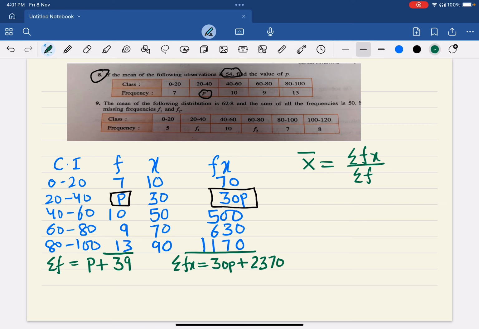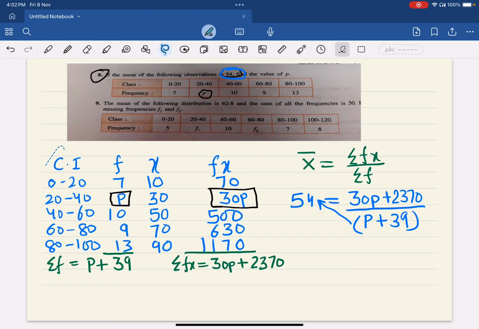Now we come to the formula and we are given x bar is 54. So 54 is equal to 30p plus 2370 over p plus 39.